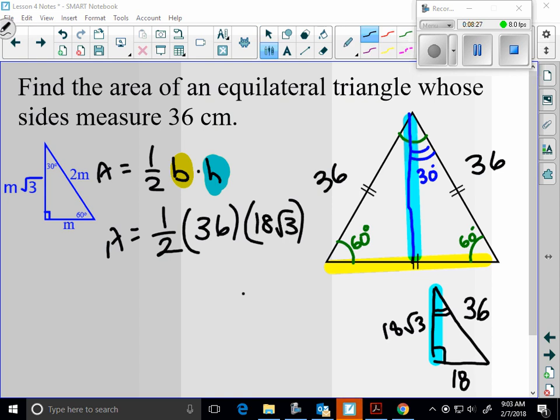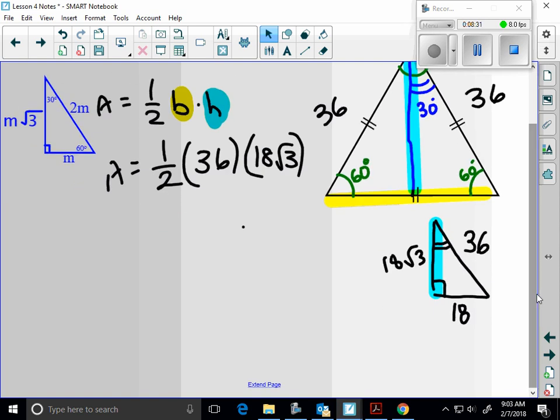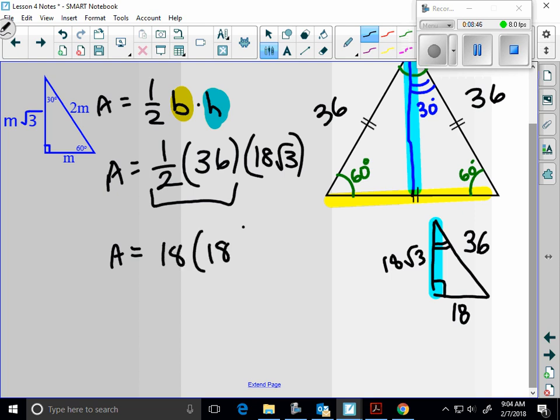18 root 3. Okay, so now comes, how does Mr. Ludd want the answer for this? It depends, okay? Not like the underwear. Here's one way I would do it. I would take half of 36 and get 18, and then multiply that again by 18 root 3.